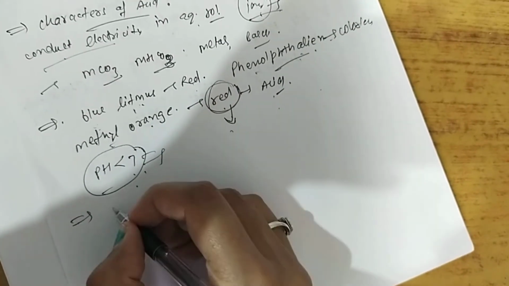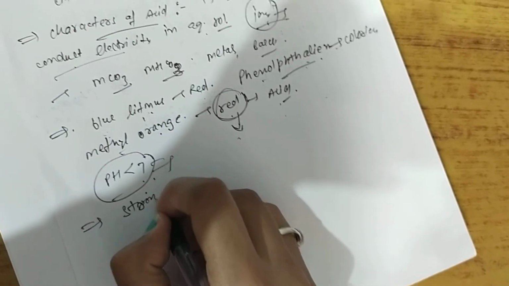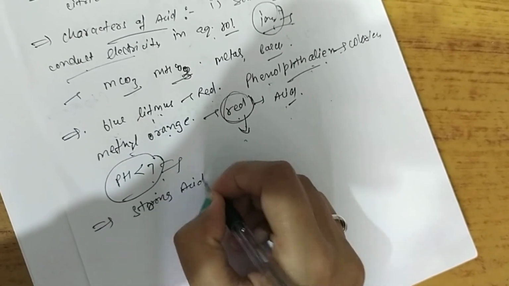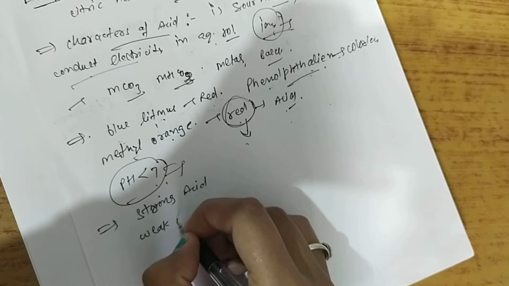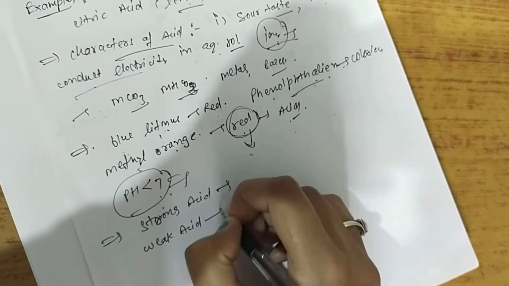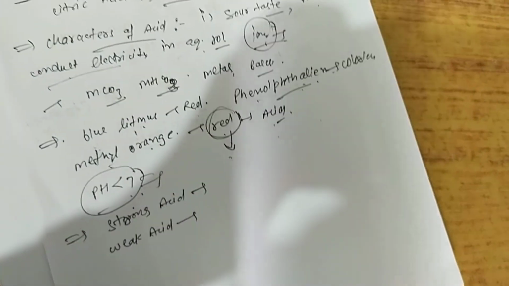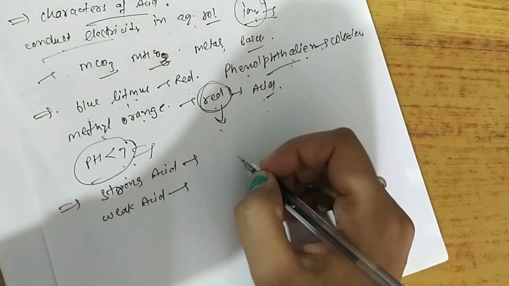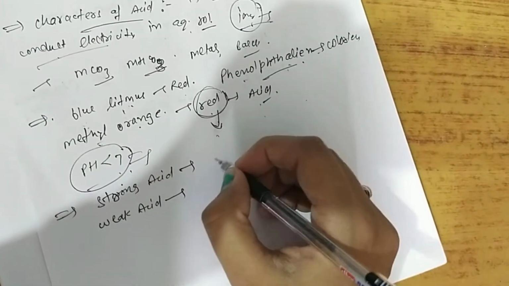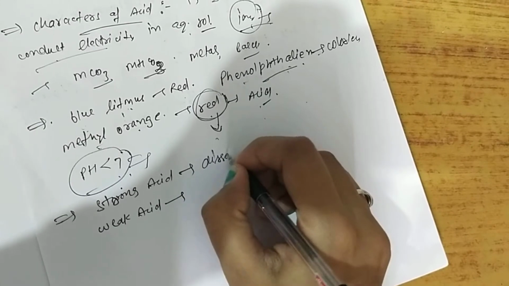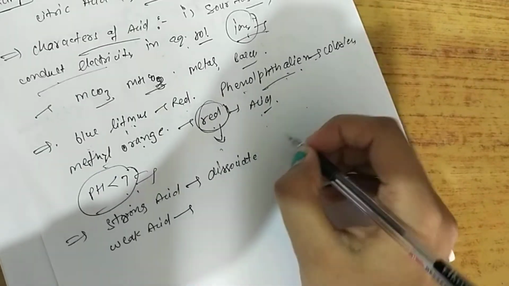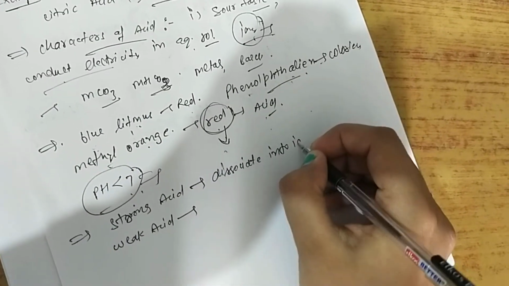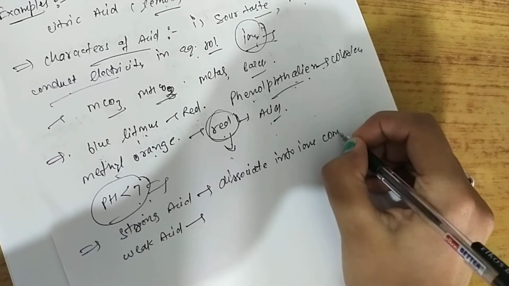Now there are two terms, strong acid and weak acid. What is strong acid? What is weak acid? Strong acids are those acids which dissociate into ions completely.